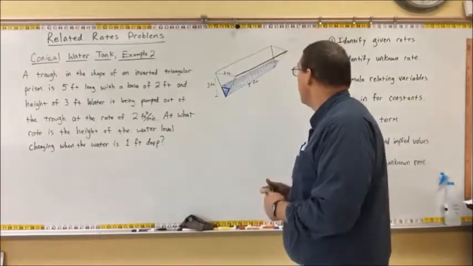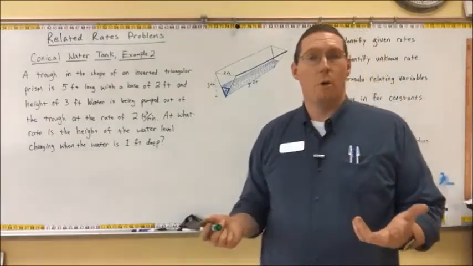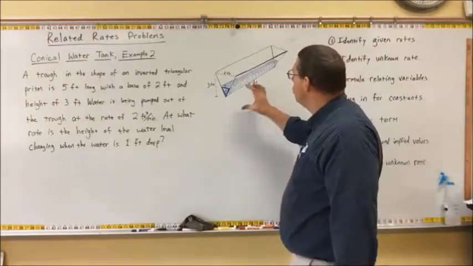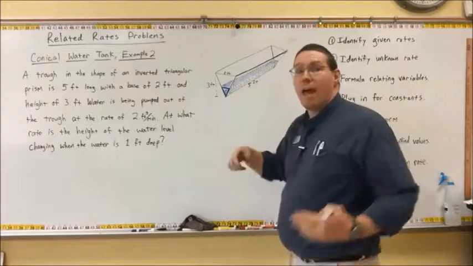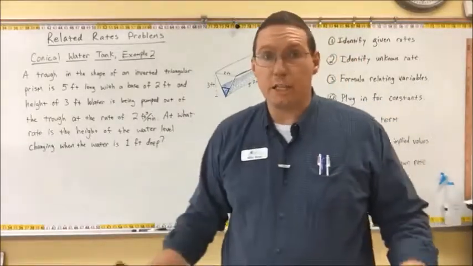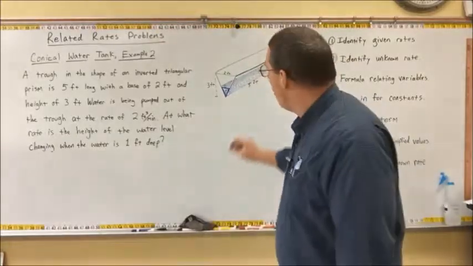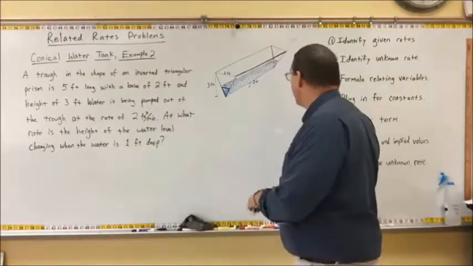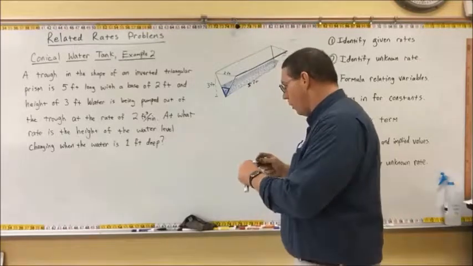Okay. So here's the thing: we have to do the same thing that we did with the conical water tank. We have to remember, there are 2 triangular prisms here. There's the trough, and the trough is not changing. It's not changing shape at all. But the water inside of the trough is changing. It's changing shape because the water level is going down.